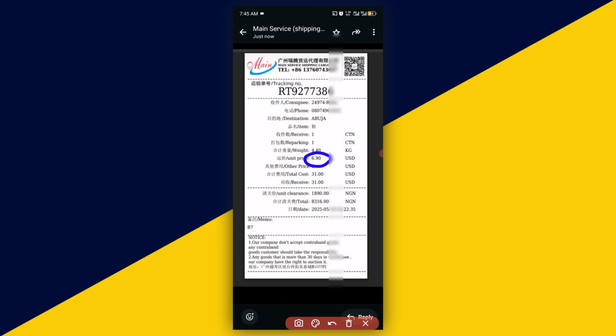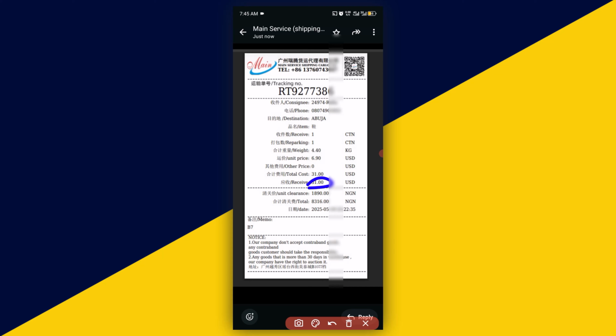What this unit price means is that every shipping company has a price tag for their shipment per kg. So this company here, as at the time I'm using them, their unit price per kg is 6.9 USD, which is dollar. Then total cost. Total cost here, they arrive at 31 USD. That is $31.